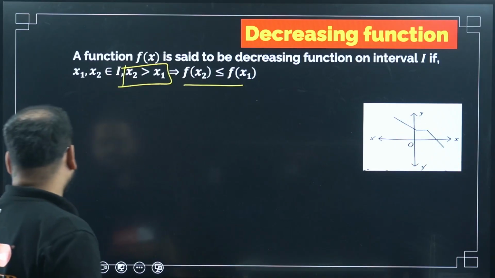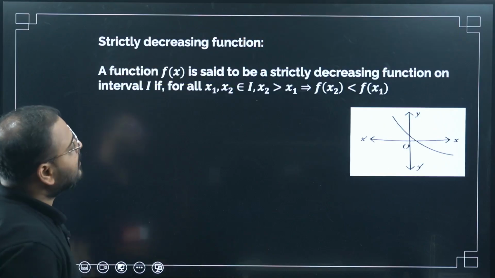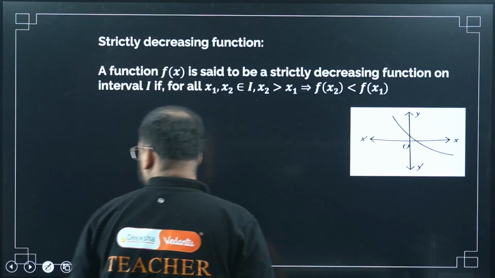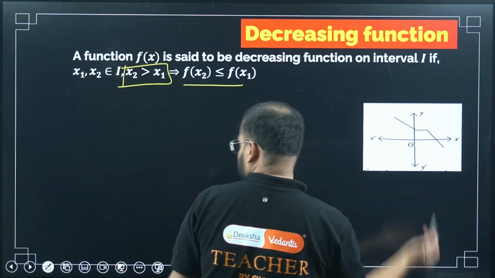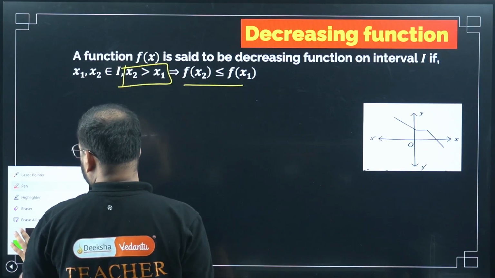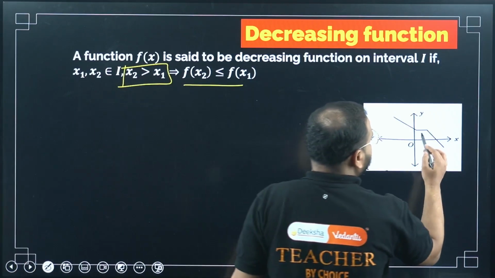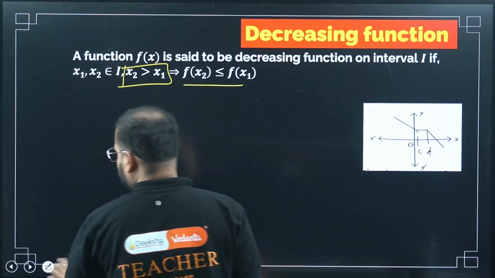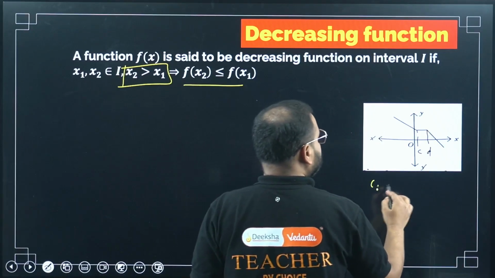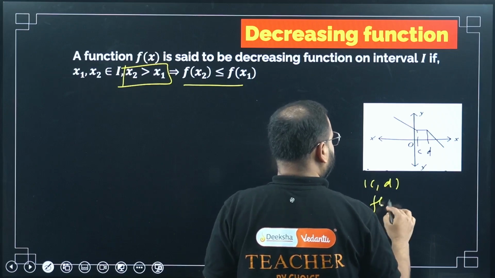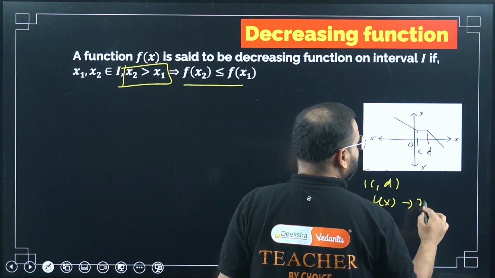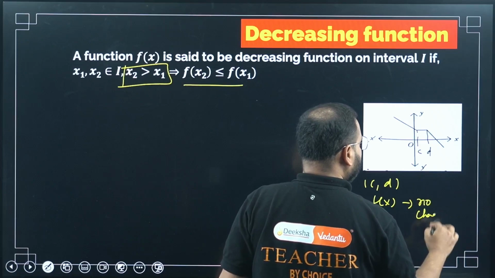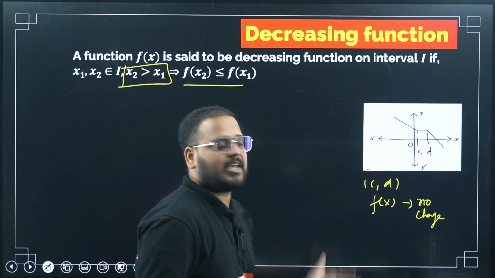Okay, so now let's move on to the next part. Strictly decreasing means there is no gap. In the previous one, if I define this interval as C and D, in this interval C and D, what is happening to the function? The function is undergoing no change, meaning the value remains the same.